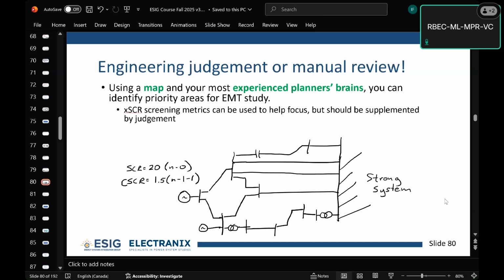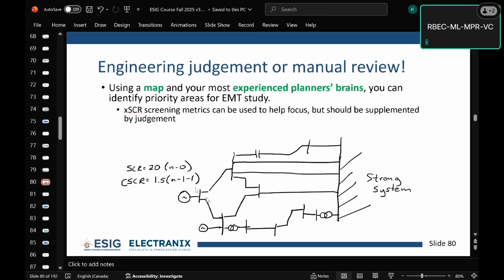The screening metrics that we use are useful, but sometimes they don't catch everything. Looking at a transmission map for a project can be really helpful. Here's an example where in N-0, your short circuit ratio is 20 for this project.